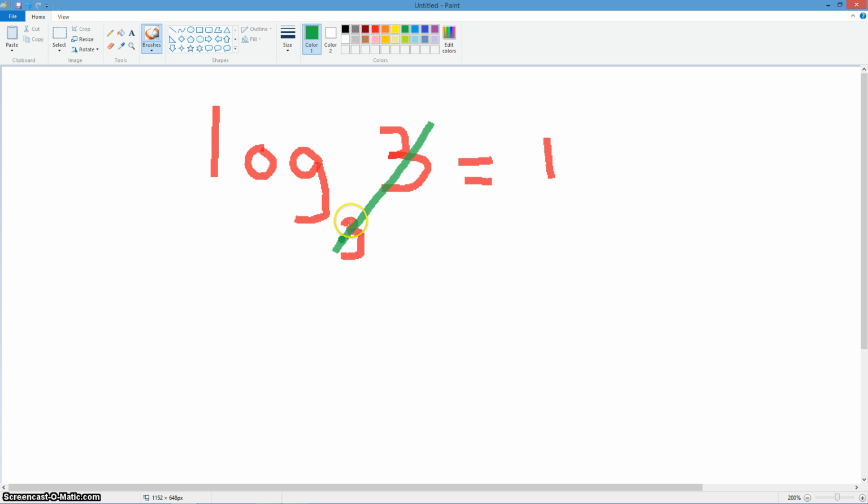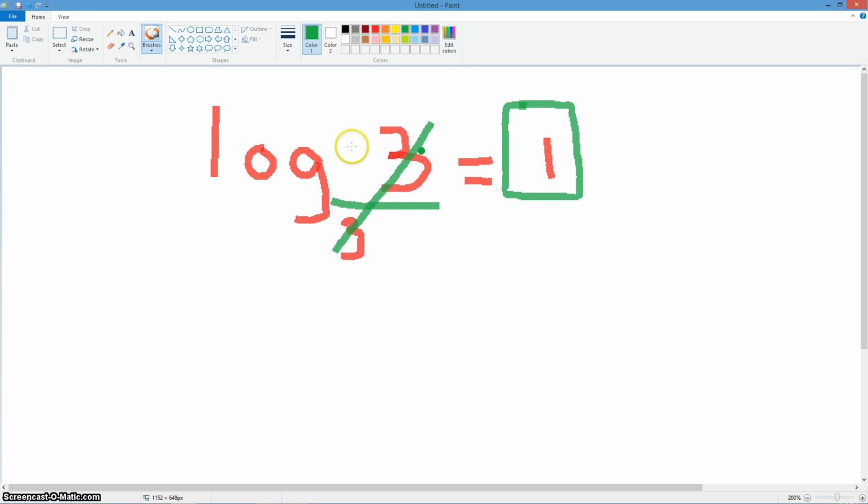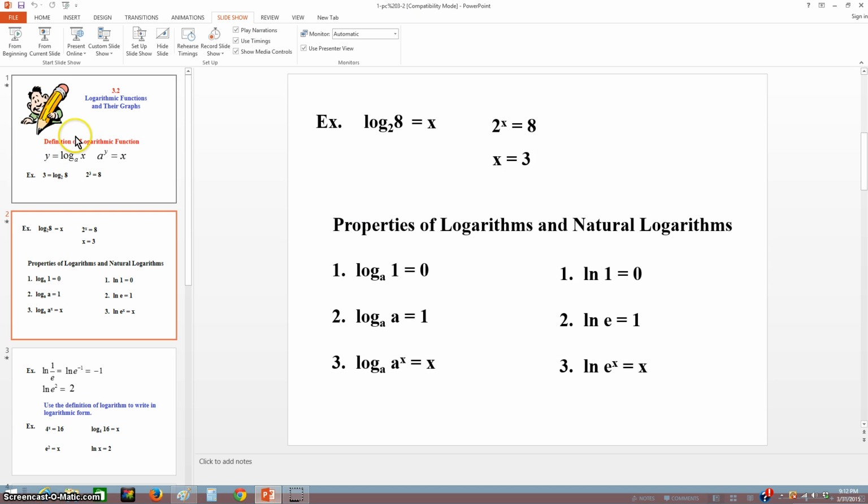Pretend there's a division sign in between them, and 3 over 3 is 1. If you have to think about it that way, that's fine. If the base is the same as the value in this spot right here, then it will cancel out and it will just be 1.